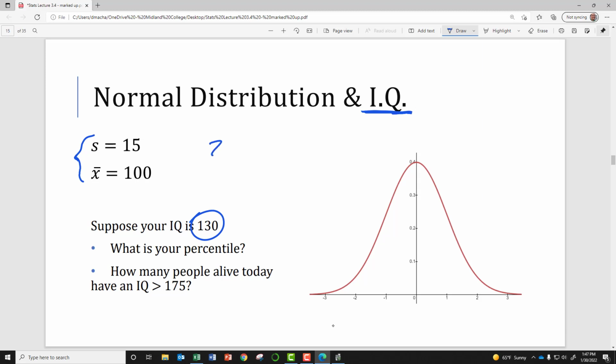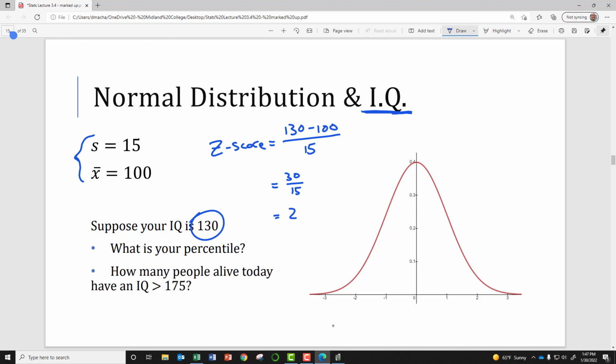Remember, to find percentile, we first need the z-score. For you, your measurement of IQ is 130. We'll subtract from that the mean, which is 100, and then divide by the standard deviation, which is 15. So that's 30 over 15, which is just 2.